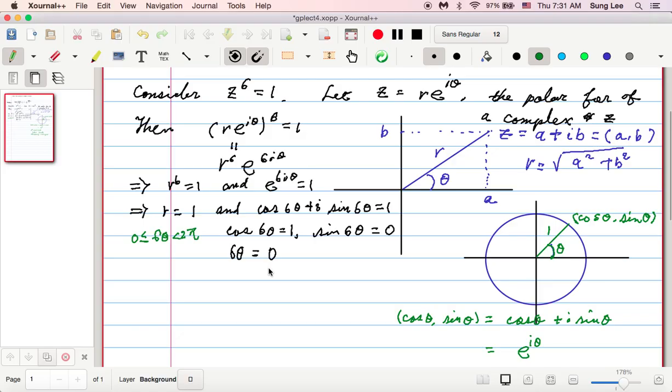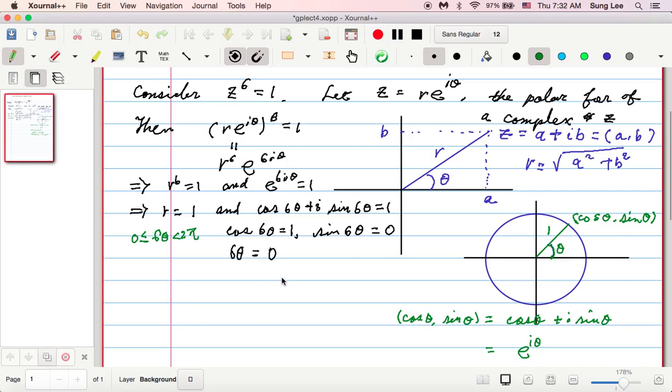However, that's just one possibility. Cosine and sine are periodic functions, and they both have the same period, 2 pi. After 1 rotation, 2 rotations, 4 pi, 3 rotations, 6 pi, and so on and so forth, you still end up getting the same value.